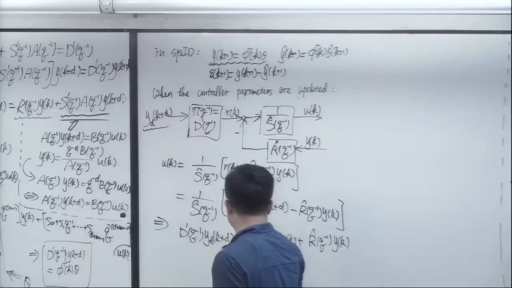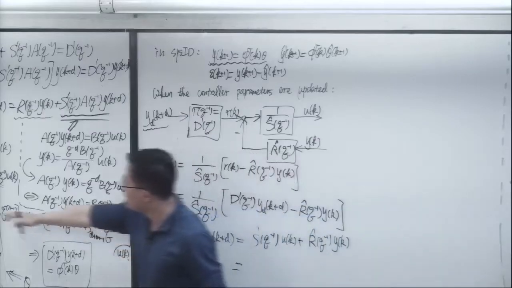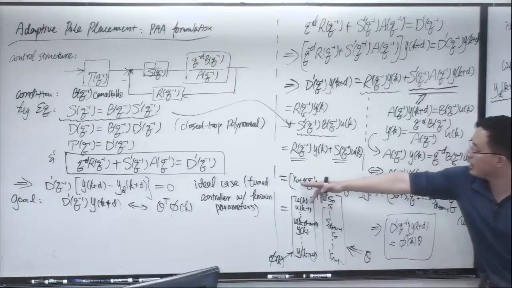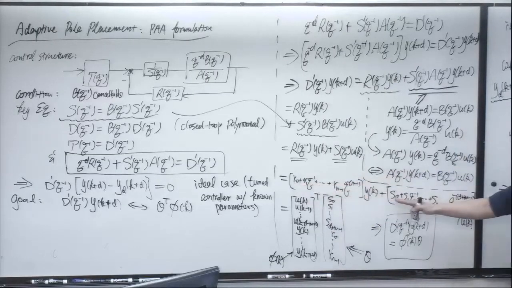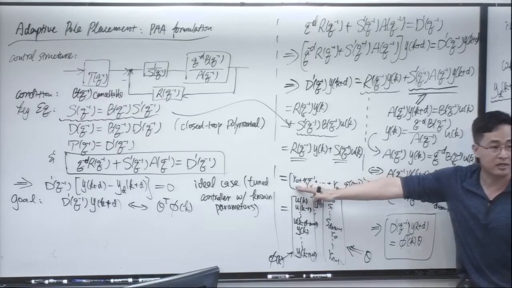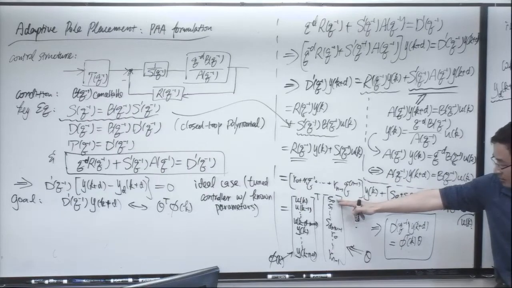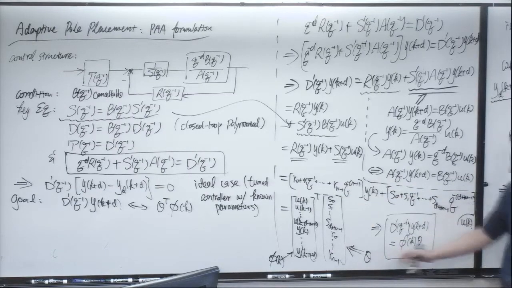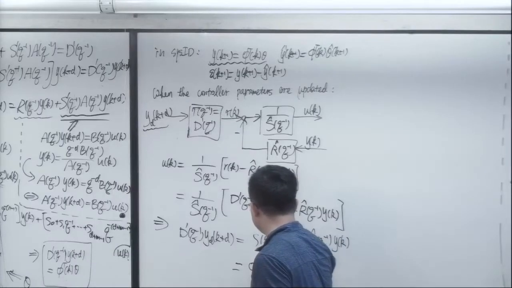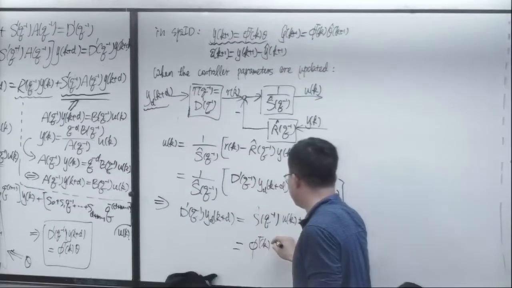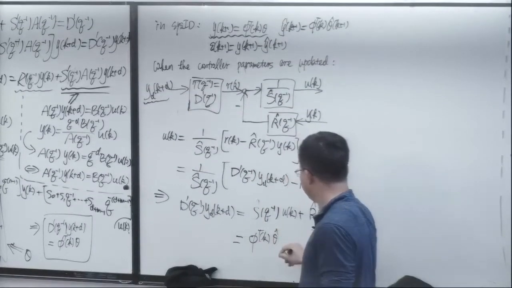So this would be equal to, following the same logic, everything here about R and S becomes the estimated version. So put hat on them, and this is going to contain a hat, and then theta is going to contain a hat. So it's going to become theta hat.